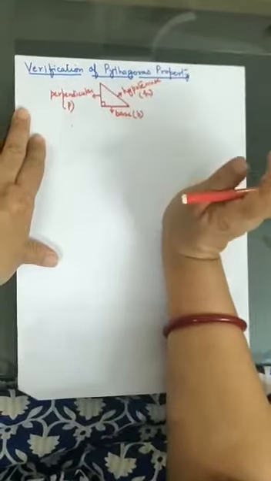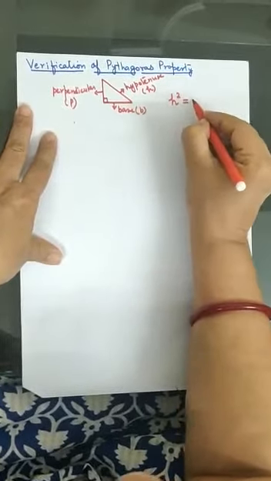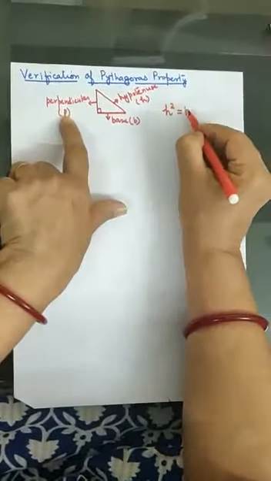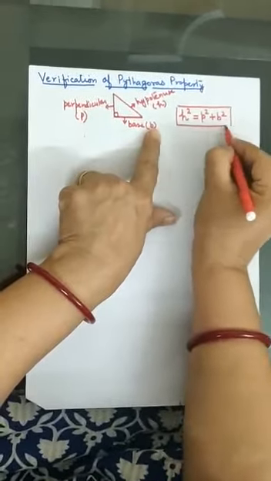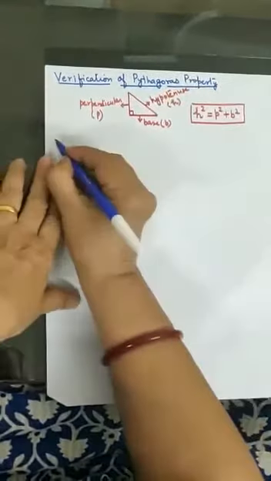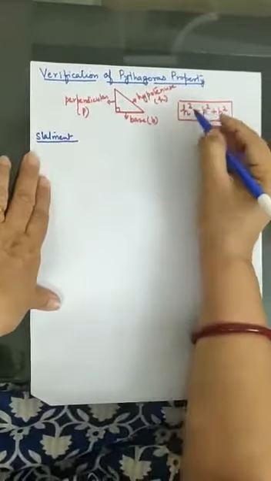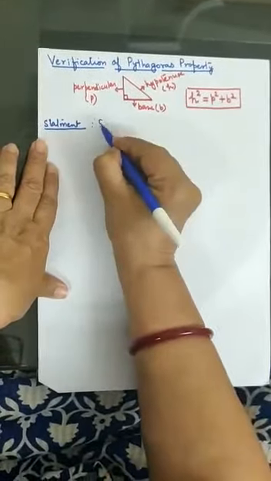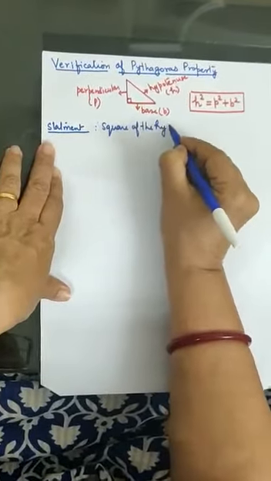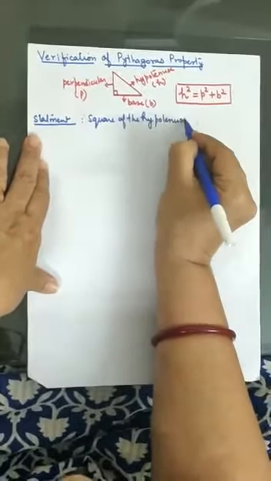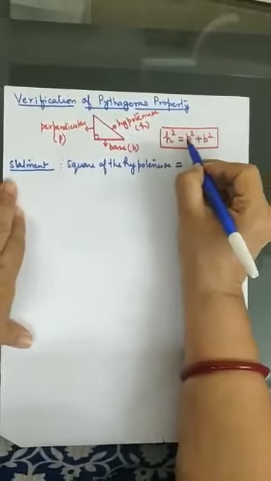And according to the Pythagoras property, it states that H square is equal to P square plus B square. Okay, so how do we write it in the statement form? Square of the hypotenuse is equal to the sum of, किस का sum?